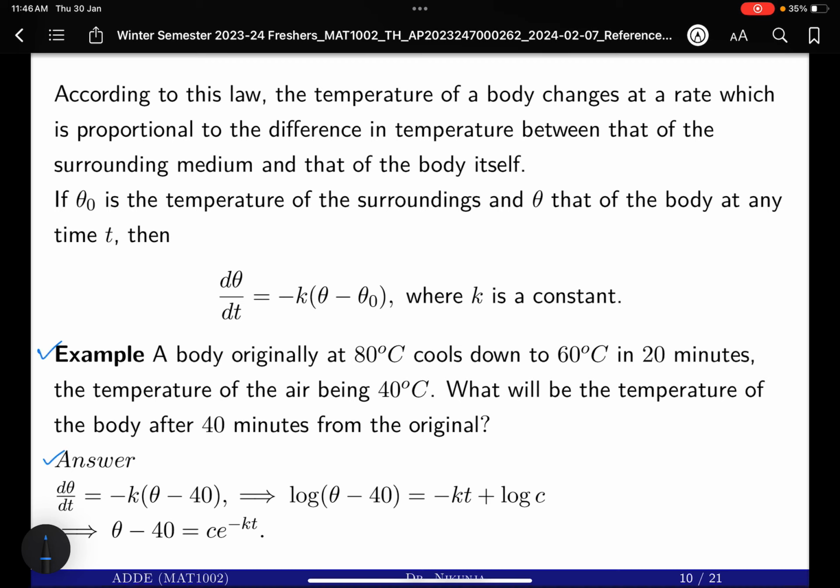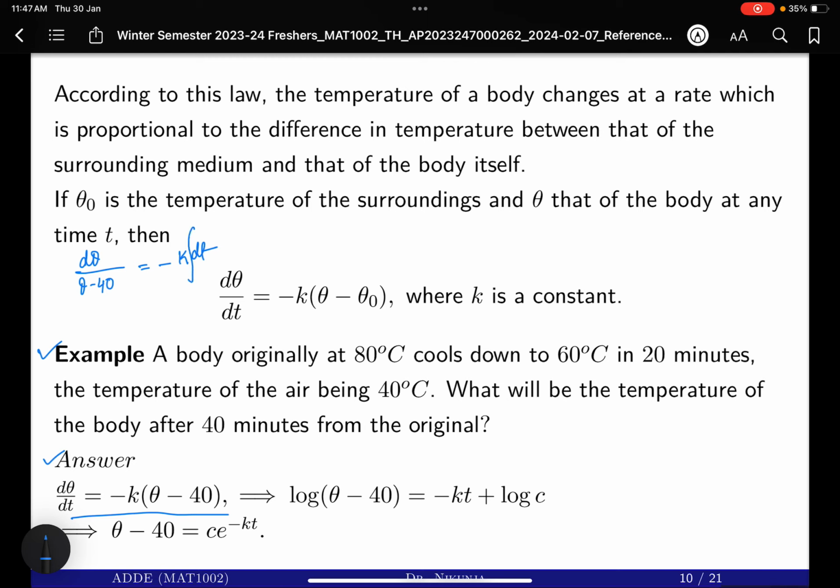Here see the solution. d theta/dt is minus k into (theta minus 40). So immediately separable variables can be applied: d theta by (theta minus 40) is going to be minus k times dt.